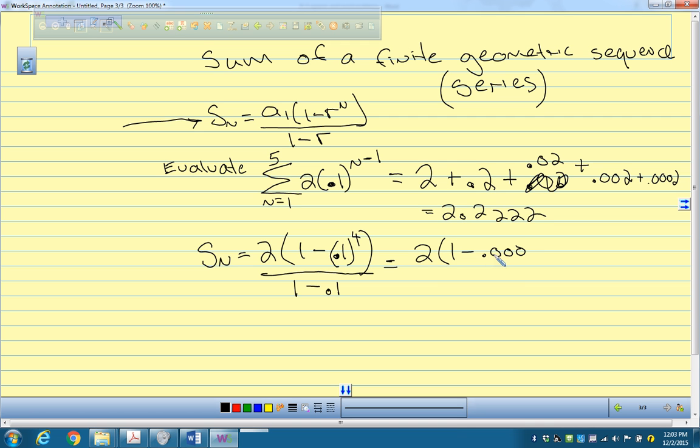The first power is 0.1, the second is 0.01, the third is 0.001, so the fourth would be 0.0001.